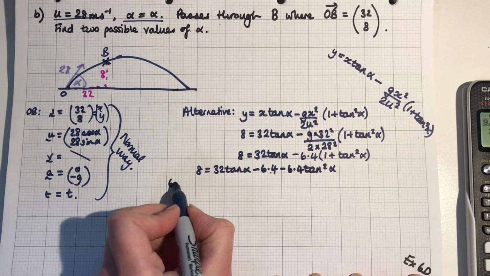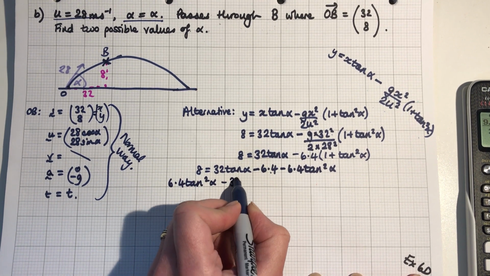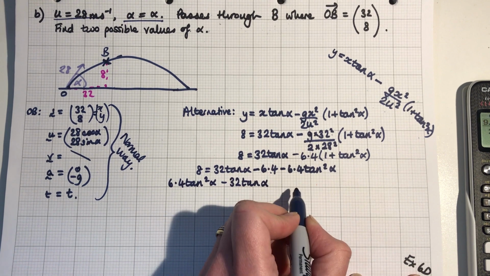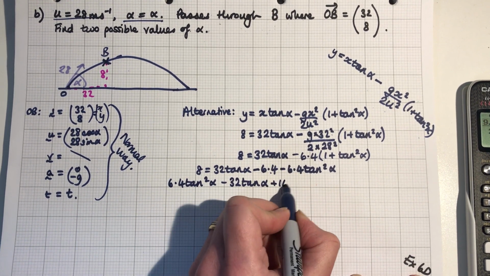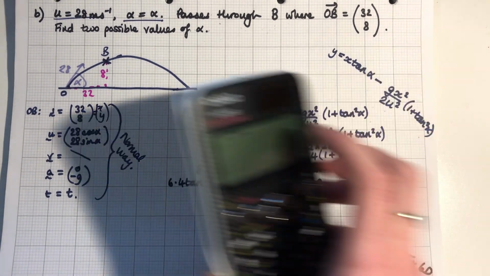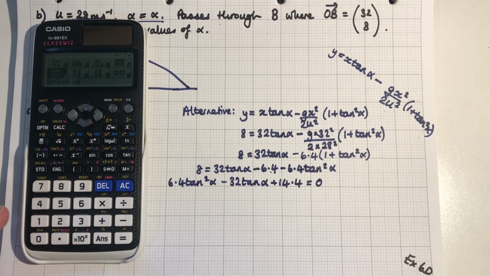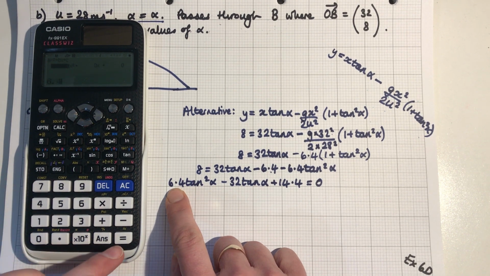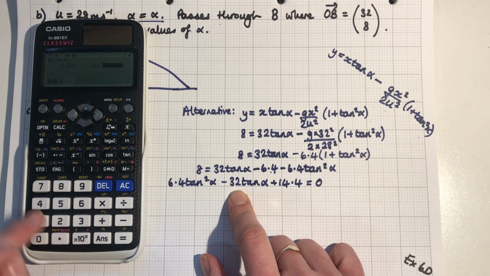And we've got 6.4 tan squared alpha minus 32 tan alpha, and then 8 plus 6.4, it's going to be 14.4, equal to 0. So let's solve the quadratic equation just using our quadratic solver on the calculator. We've got A is 6.4, B is minus 32 and C is 14.4.